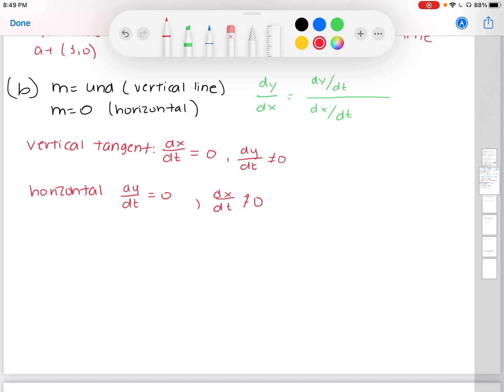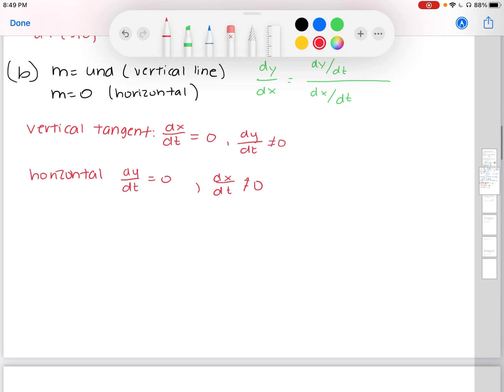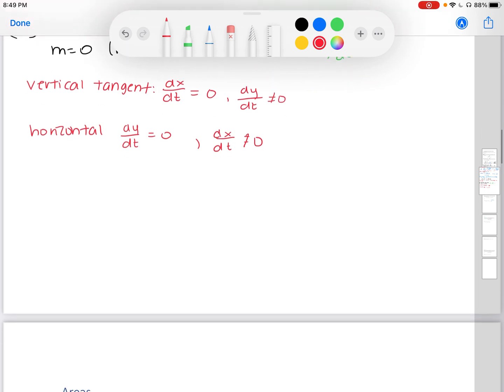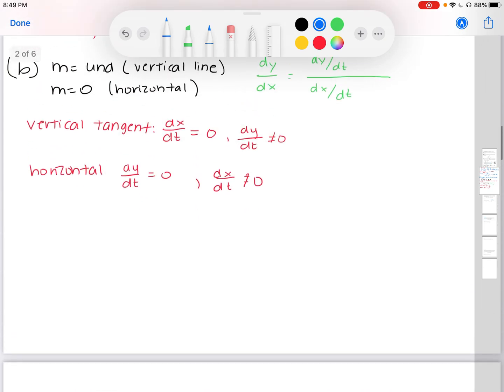All right, so we have our derivatives. We have for our vertical tangent, I ran out of space, all right. So for our vertical tangent, we have when dx/dt is equal to 0, our derivative dx/dt is 2t. So we set that equal to 0, we get t is equal to 0.